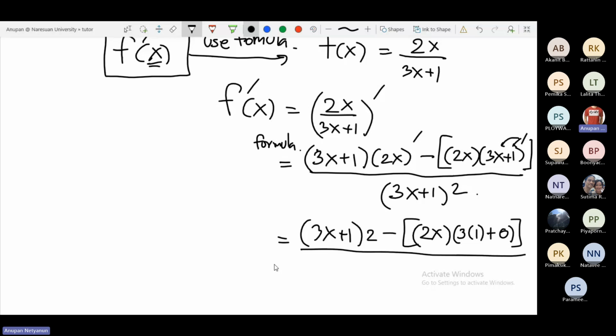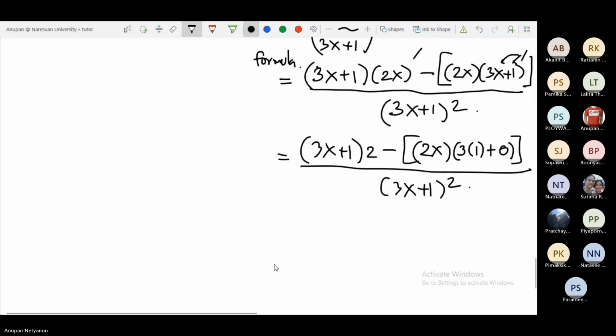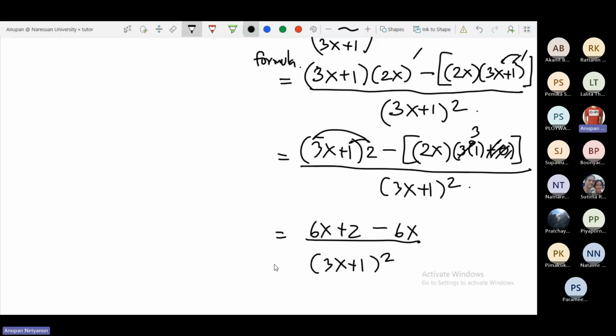Okay, and the bottom is the same, right? So simplify, distribute the 2. So you have 6x plus 2 minus, so 3 times 1 is 3, and 3 times 2x is 6x, over (3x plus 1) squared.